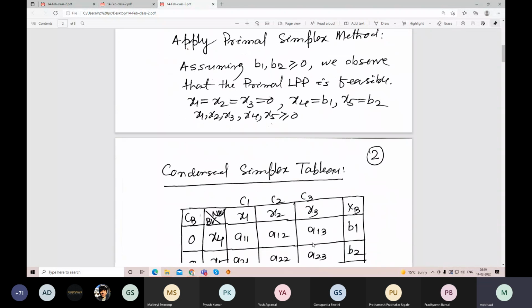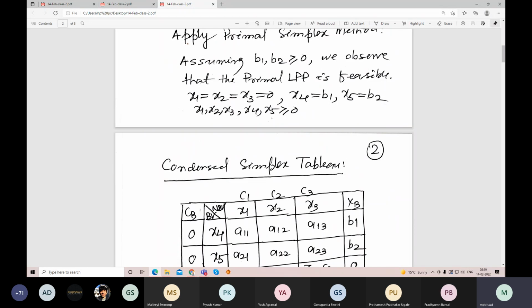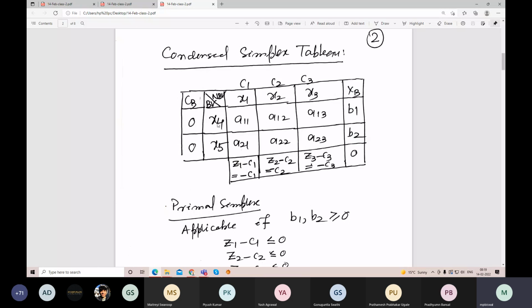Now for this problem, we are going to write the condensed simplex table. We have 2 rows for the 2 constants b1, b2. The headings are x1, x2, x3. Row-wise are the non-basic variables x1, x2, x3; column-wise are the basic variables x4, x5.